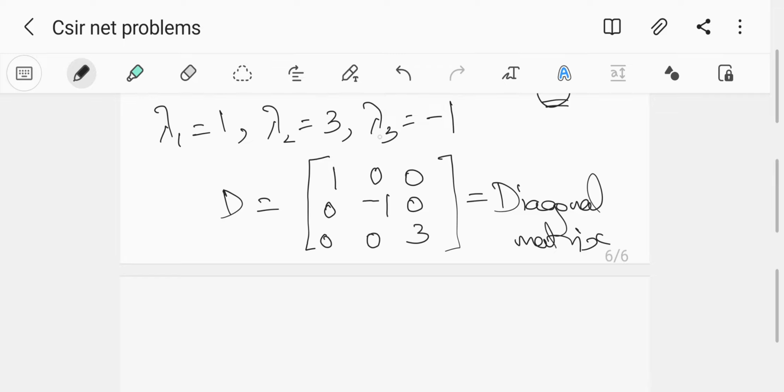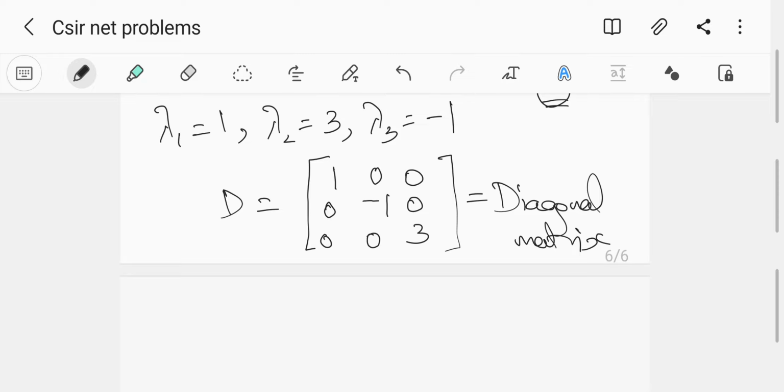If the eigenvalues are repeated, or if the eigenvalues are not real and distinct, then we need to find the eigenvectors and use the diagonalization method to find the diagonal matrix. Otherwise, if the eigenvalues are real and distinct, we can say that the eigenvalues are in the diagonal entries. So therefore, this is the diagonal matrix.